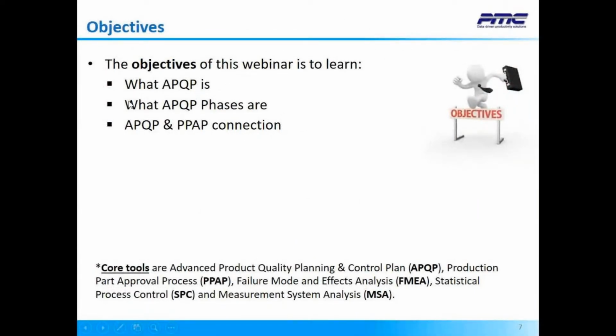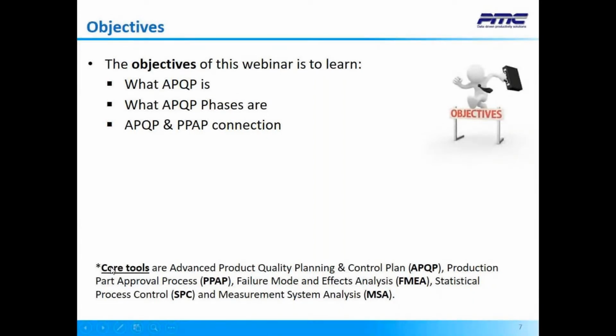Okay, the objectives. As I said, I'm going to be talking about what APQP is about, APQP in phases, and then the connection between APQP and PPAP. As you can see at the bottom of the slide, I have listed the core tools.